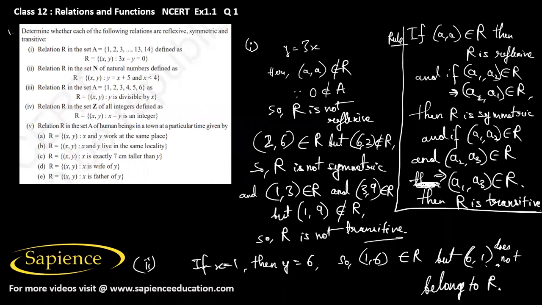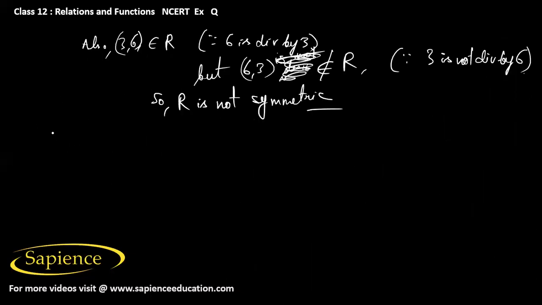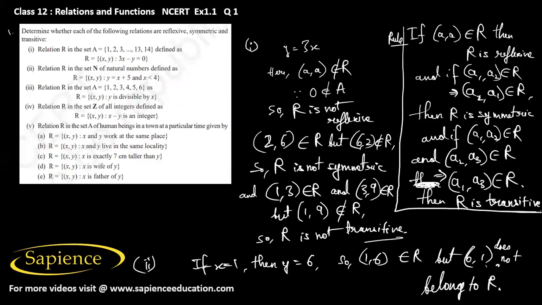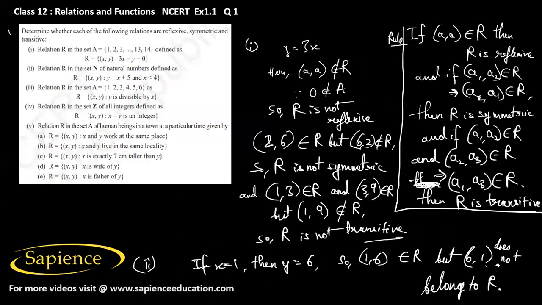Then x minus y is an integer. R in the set Z of all integers is defined as x minus y is an integer. So now the fourth one.